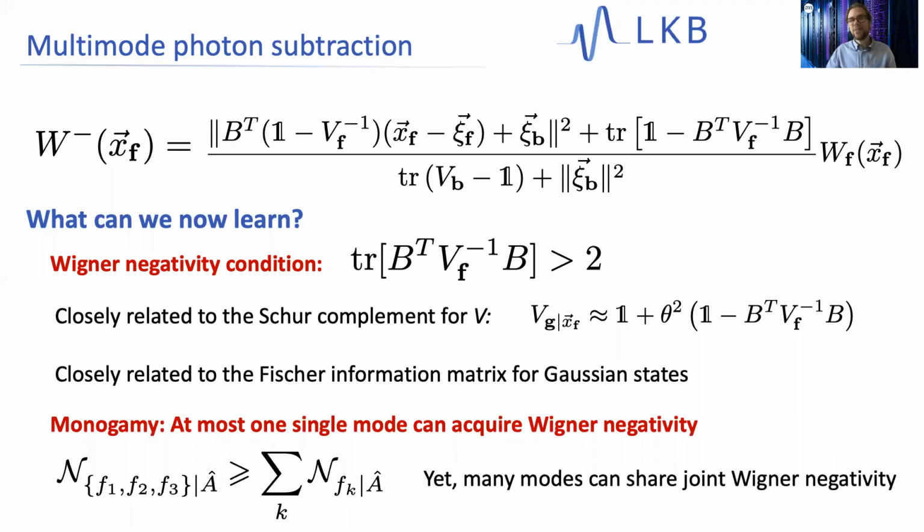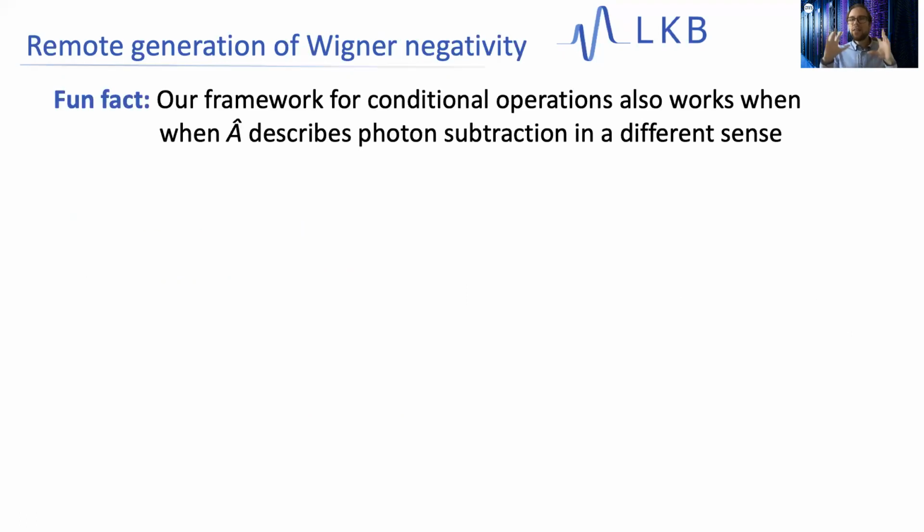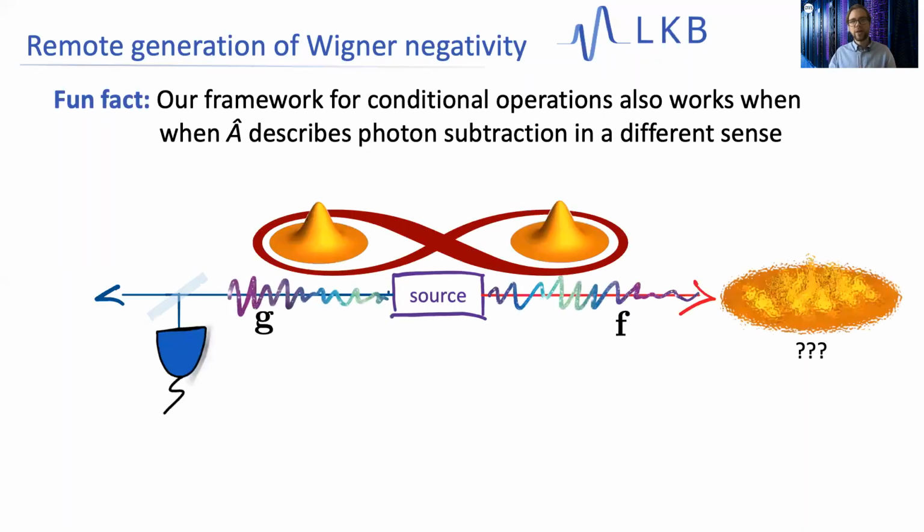And then again, I have this monogamy relation that applies, which also tells me that I cannot just get Wigner negativity everywhere. When I do photon subtraction, there will be rules that tell me where the Wigner negativity goes, to which modes, and so on. And so in this regard, there is actually a fun fact, because I can apply this conditional formalism in a very different way as well.